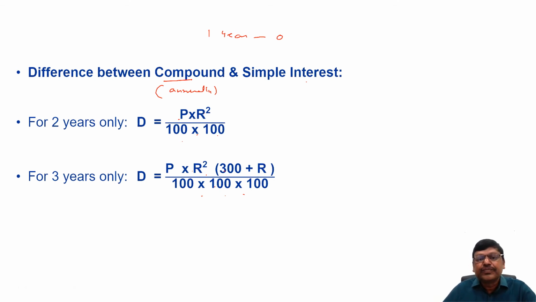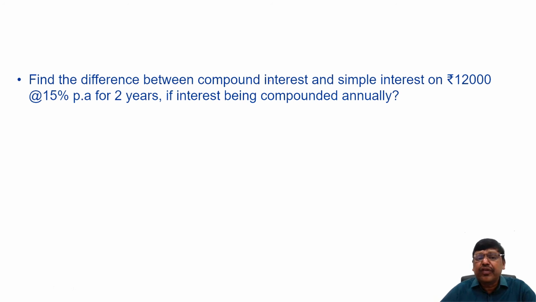Let's see now. Find the difference between compound interest and simple interest on 12,000 at 15% per annum for 2 years if interest being compounded annually. For 2 years, the difference formula just now we have discussed is P into R square by 100 square, 100 into 100.